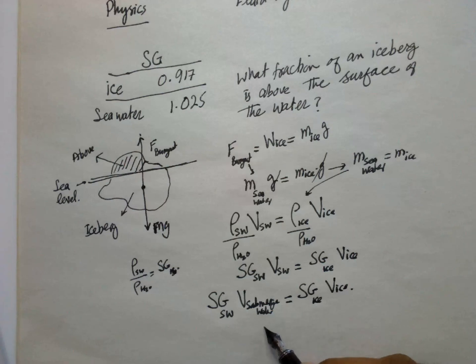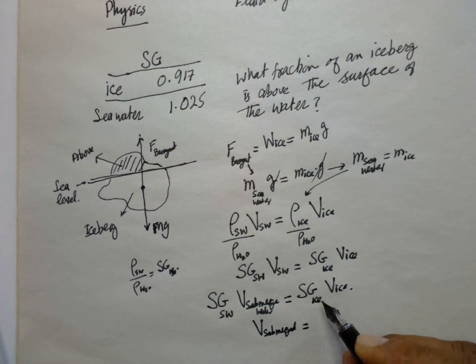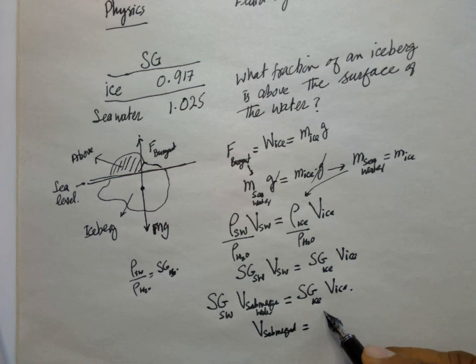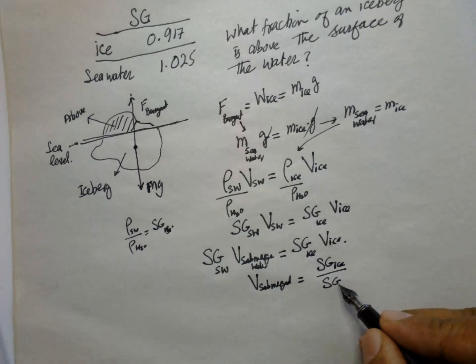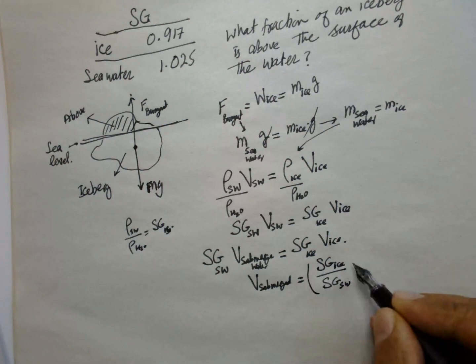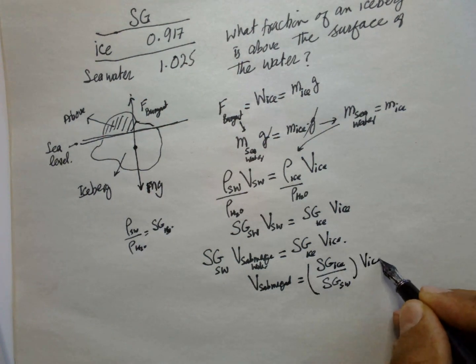So volume of the submerged is equal to Sg ice over Sg seawater into V ice.